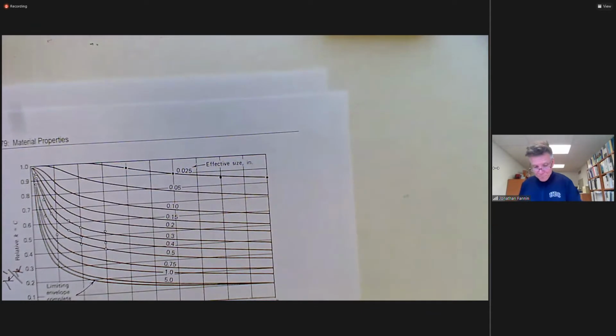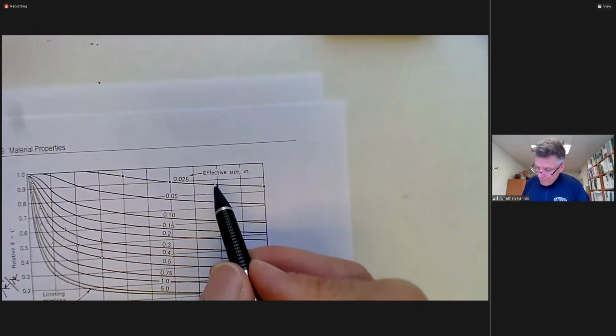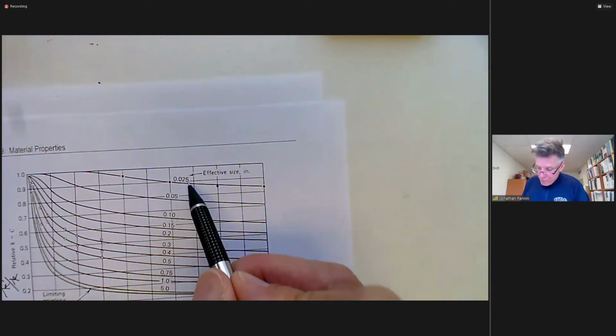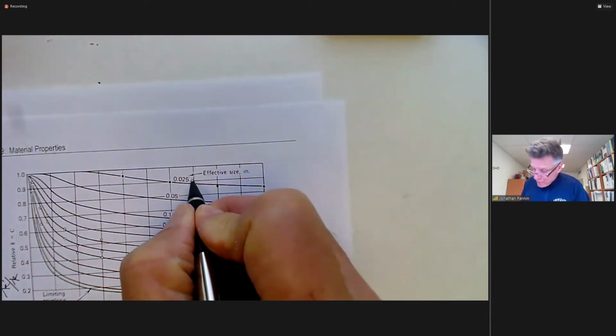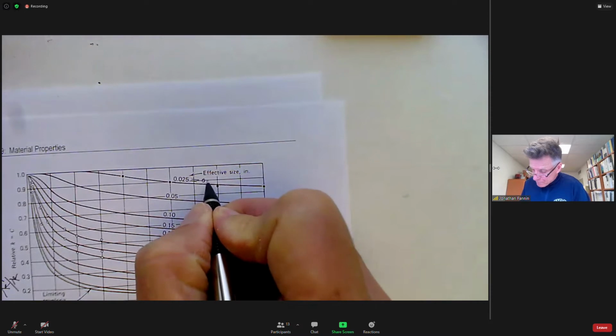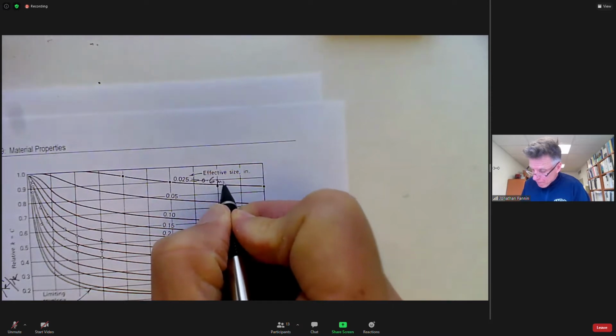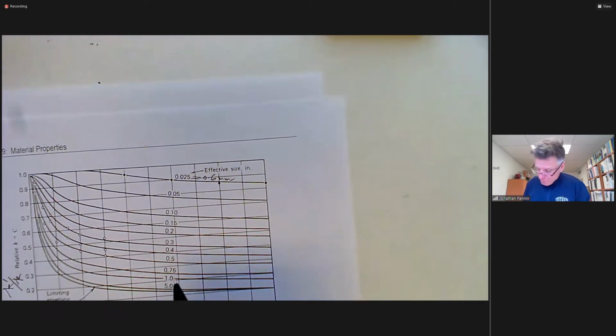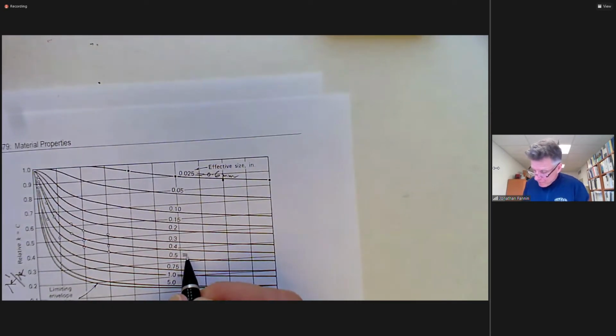The 0.025 inches is about 0.6 of a millimeter. If we chase it through, 0.5, half inch, 12.7 millimeters, 0.75, 3/4 inch minus, 19 millimeters.